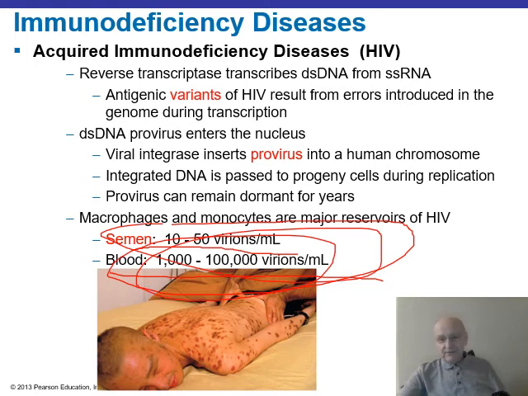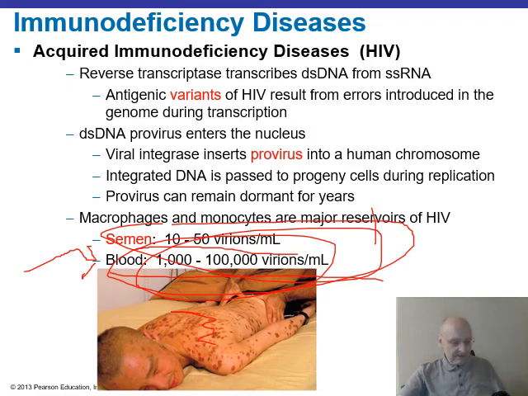But there's quite a while where these numbers are as low as that, or even lower, and way lower in terms of blood. But it does vary quite a bit depending upon where you are in the virus here. If you're like this guy who has Kaposi sarcoma, he's in bad shape, and his viral load in his blood and semen, saliva would be enormous. If you don't have symptoms, it's much less.